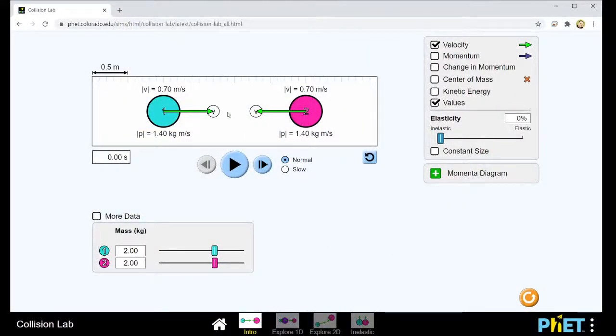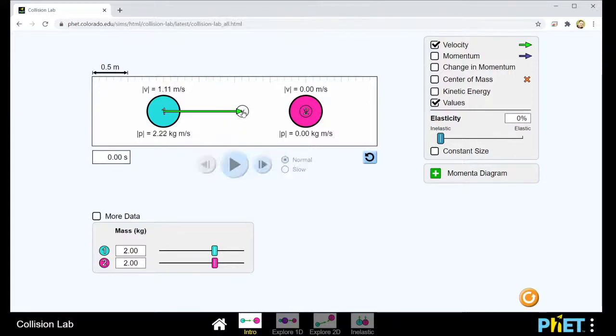Let's make it so the target over here is at rest. Why can't I get that just at 0? Okay, there it's at 0. Okay, so both masses are the same, 2 kilograms. Let's make these numbers really easy to work with.